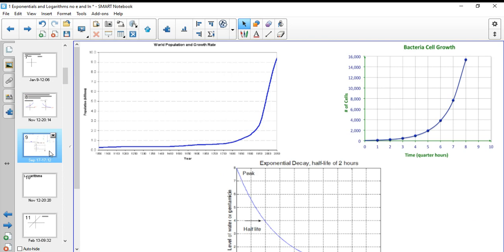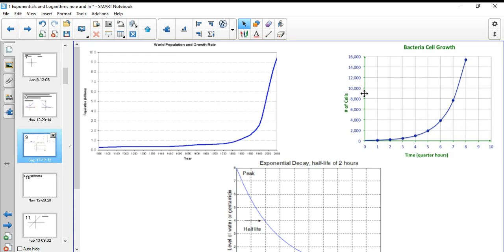I just wanted to show you a slide showing exponential graphs in a context, so they're very widely used. You might have seen some graphs like this during the coronavirus pandemic, for example. There's been lots of graphs shown. These two show exponential growth, so something that starts off quite slow and then rapidly increases.